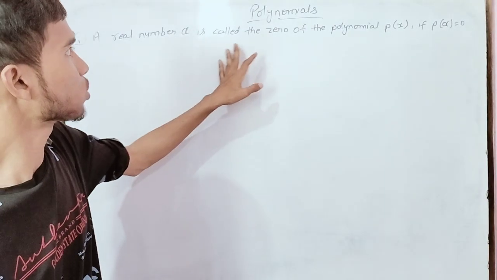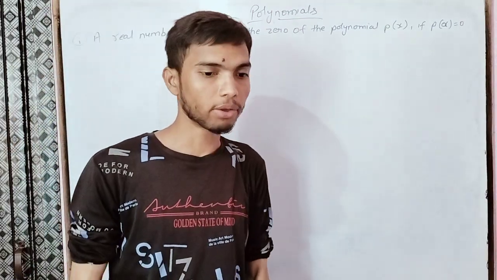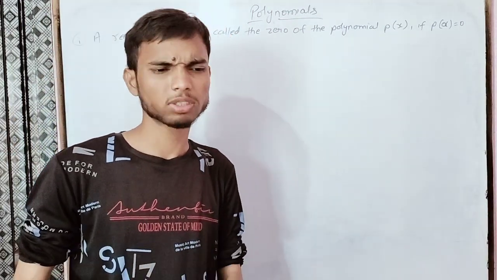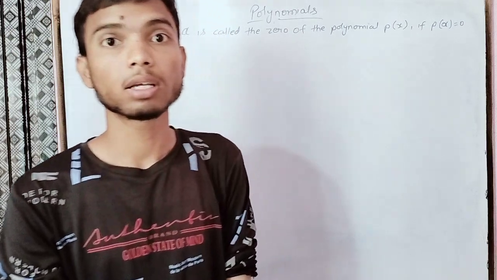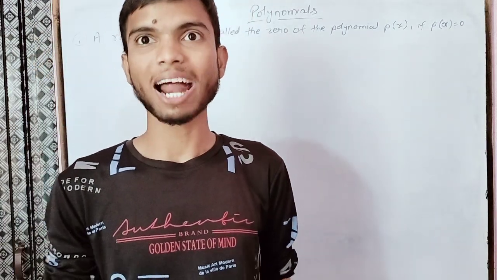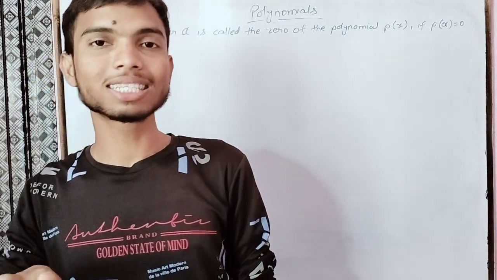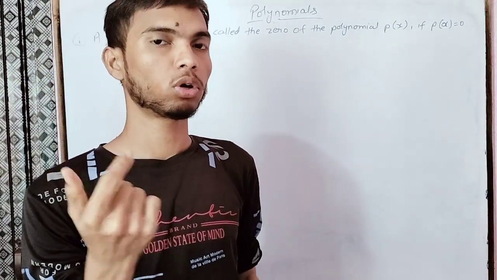A real number alpha is called a zero of the polynomial if, when we put it in place of the variable, the whole polynomial gives zero.